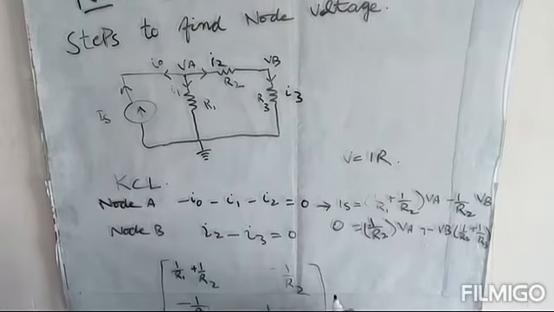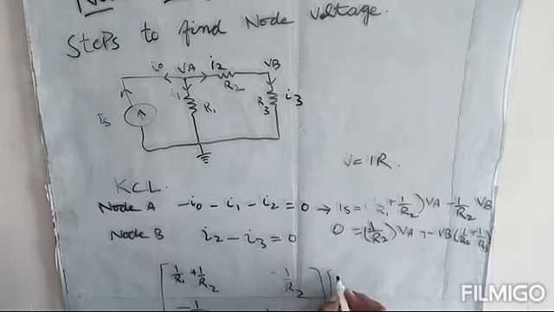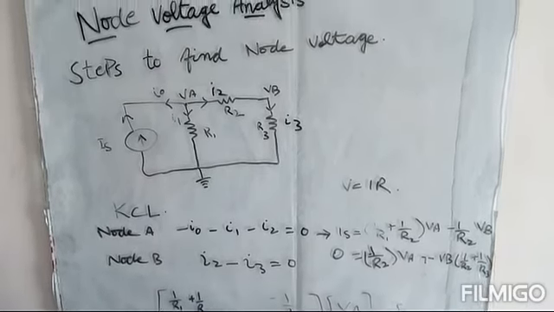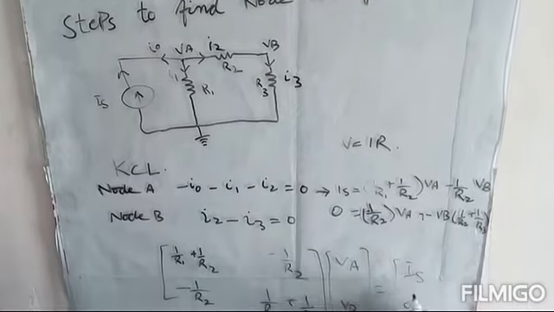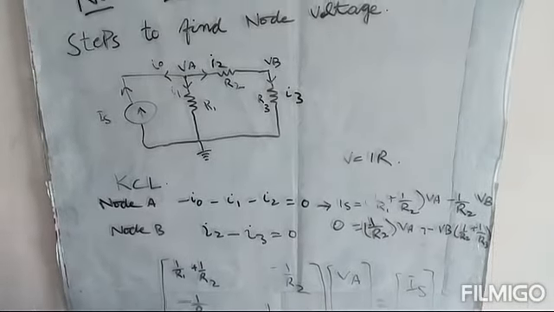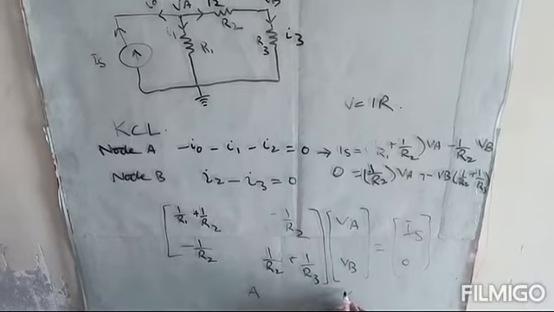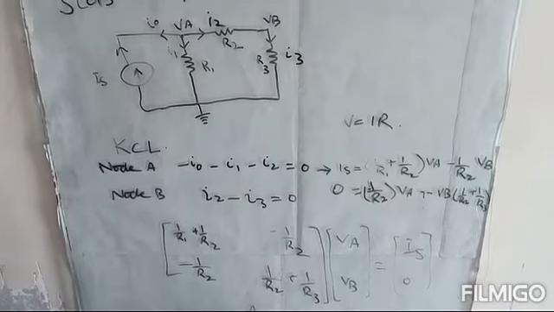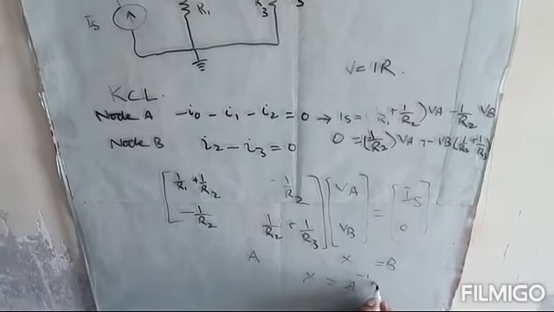This is the matrix of resistances and we have VA and VB here, and it is equal to IS and 0. We can consider it as AX is equal to B. We want to find X, which will be equal to A inverse B.